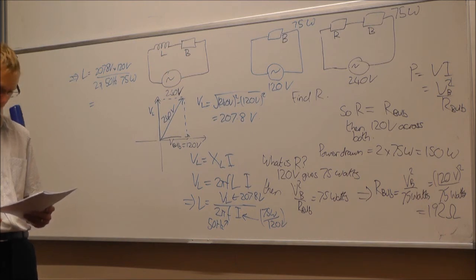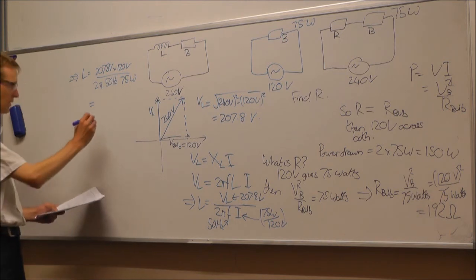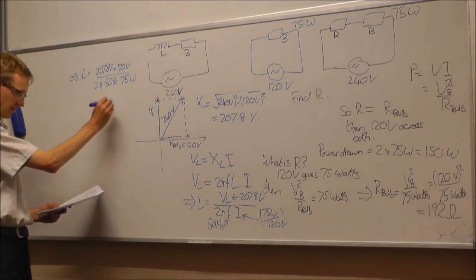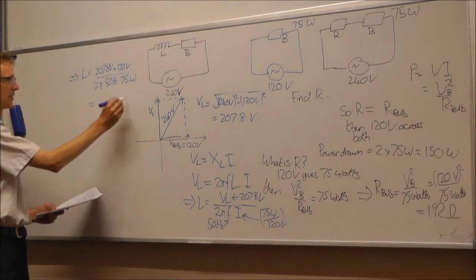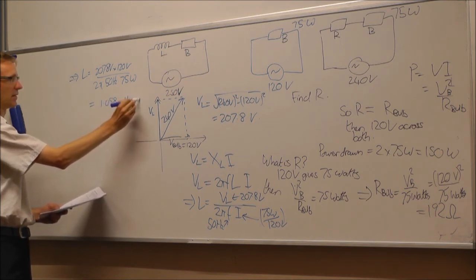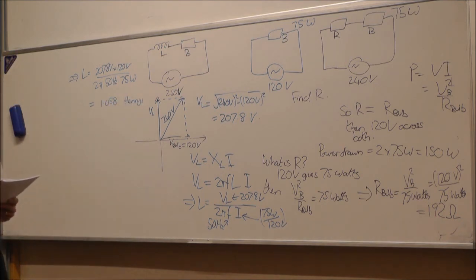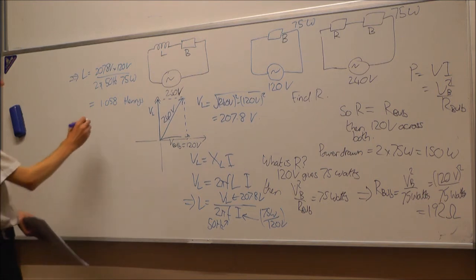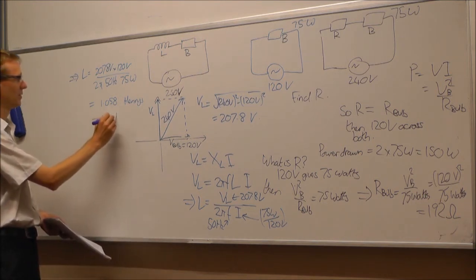If I've done this correctly, then that is 1.058 Henrys. How many significant figures? Two probably here. 0.1 Henry.